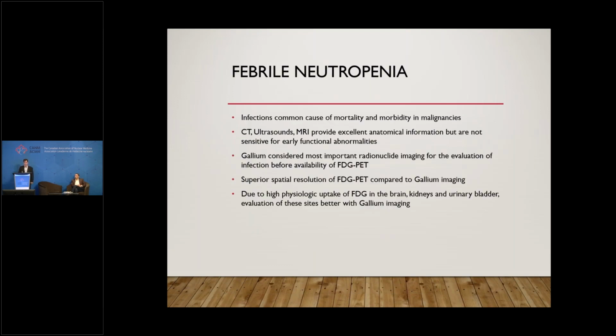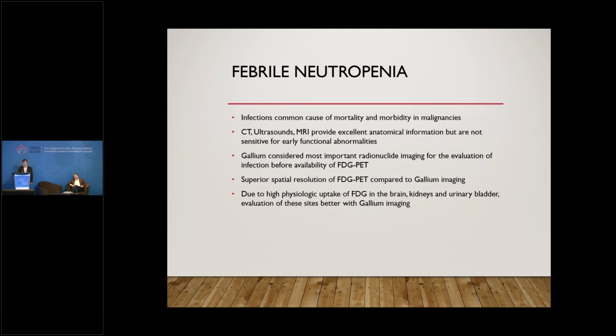Febrile neutropenia is considered to be problematic, particularly in patients who have malignancies on chemotherapy, and infection is considered to be a high cause of mortality and morbidity. CT, ultrasound, MRI are all valuable, but they're not very sensitive for early functional abnormalities.